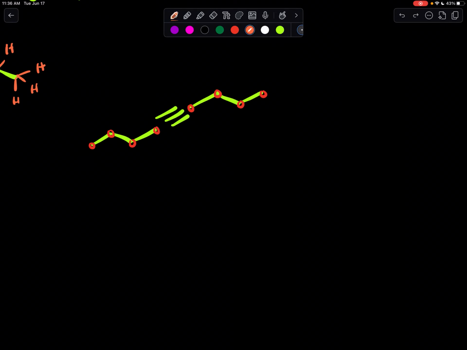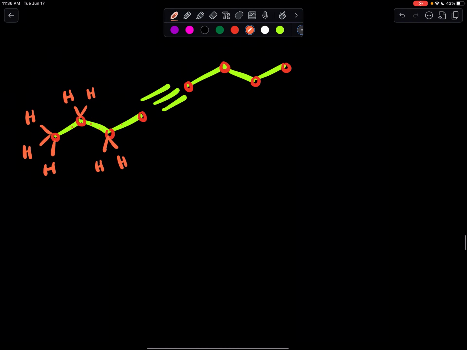Okay, so if they say, hey, draw out your implied hydrogens, no problem. We know that these have 3. We know that this carbon already has 2, so we just need 2 more. The carbon down here already has 2 bonds. We need 2 more. And this is so it doesn't violate the octet. This carbon that you see right next to it already has a full octet.